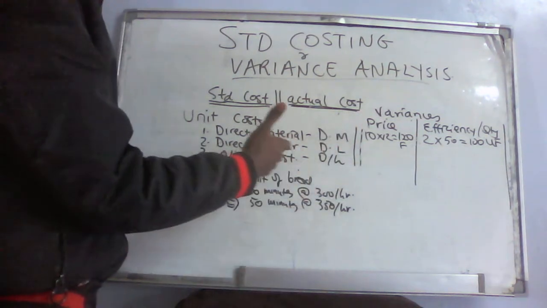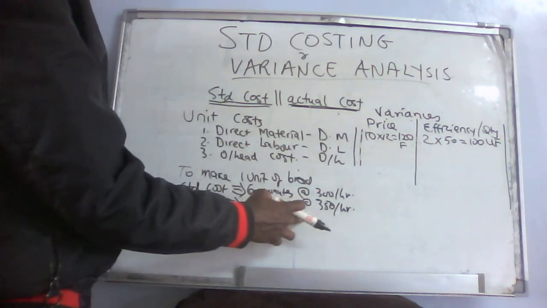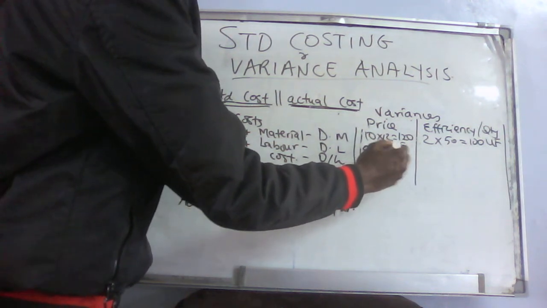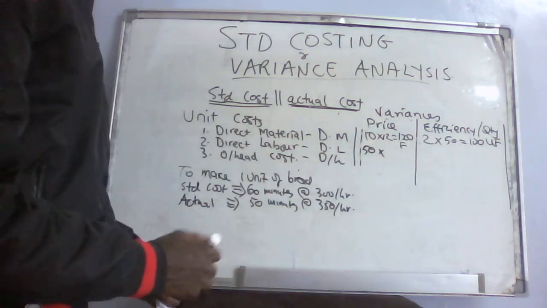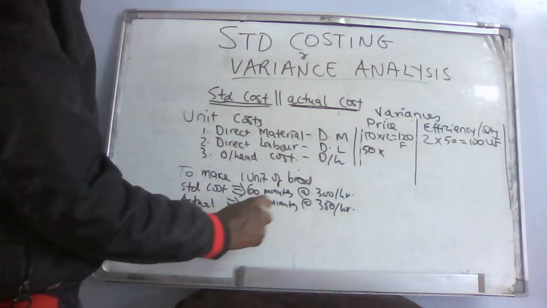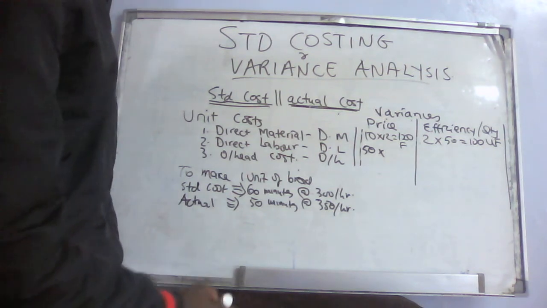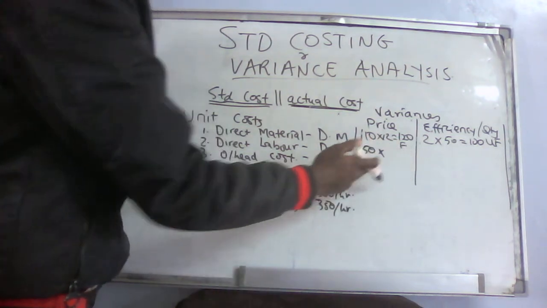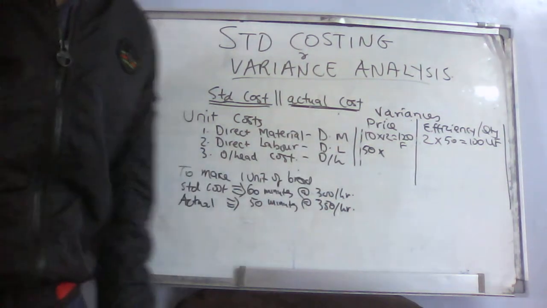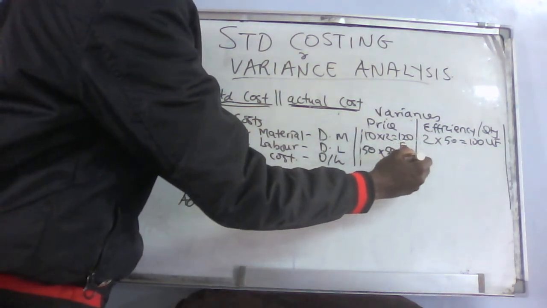The direct labor price variance will be the change in price. We had thought we would pay 300, but we paid 350. So that's a difference of 50 times the actual quantity. The actual quantity that we used is 50 minutes. Because we are dealing with hours, we should do something like 50 out of 60.